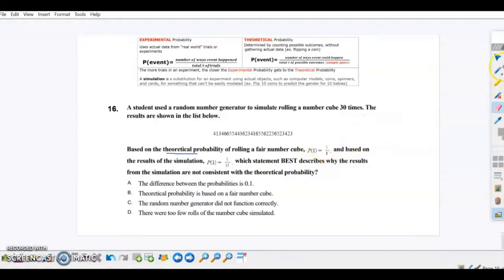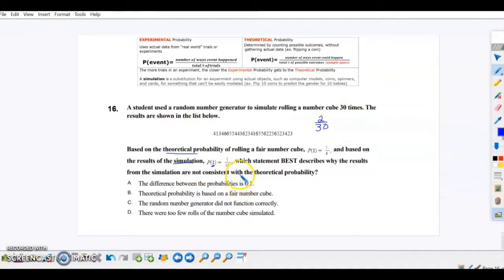Obviously, there's a 1 in 6 chance that you're going to roll a 1, theoretically. But the experimental probability using the simulation, this says that it was a 1 out of 15 times. In other words, they rolled a 1 twice out of the 30 trials. So twice out of 30, that's where they got the 1/15.